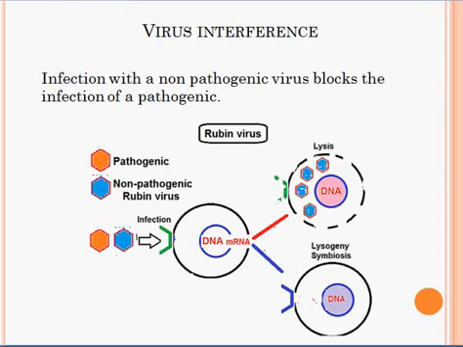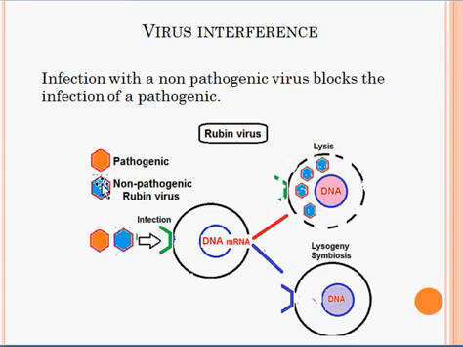So here is the scheme of virus interference. Infection with a non-pathogenic virus blocks the infection of a pathogenic one. And I call these non-pathogenic viruses, in honor of Harry Rubin, Rubin viruses.